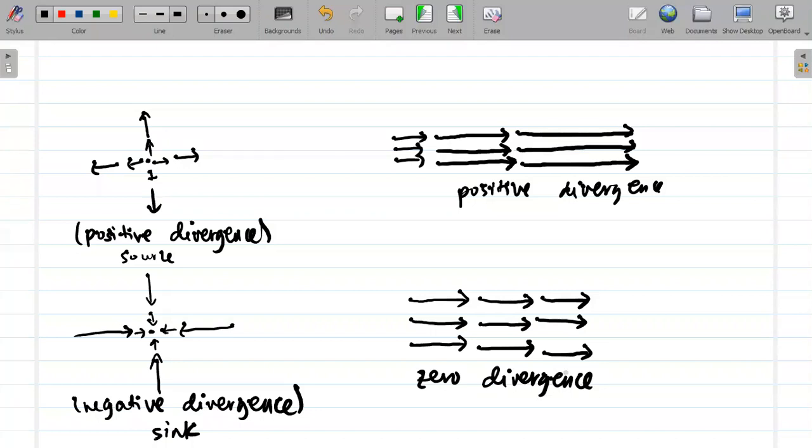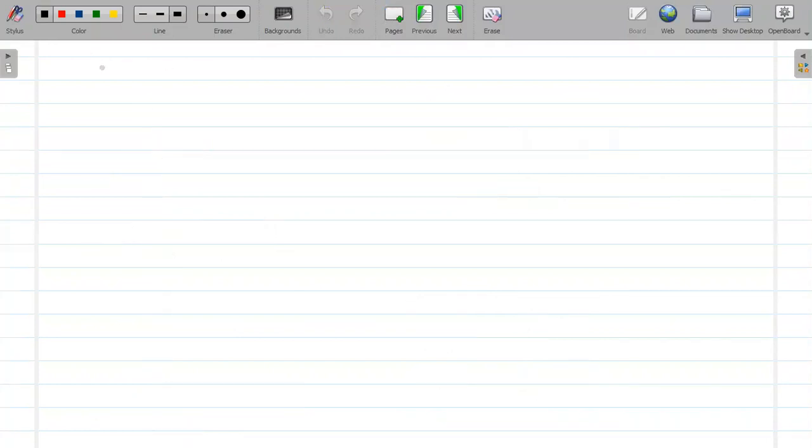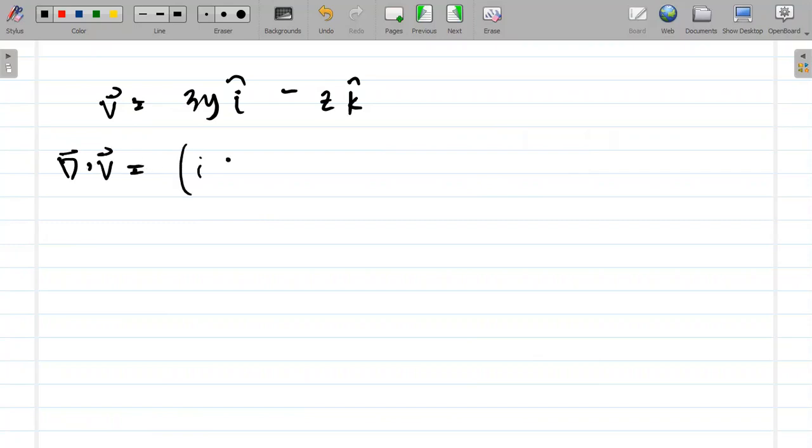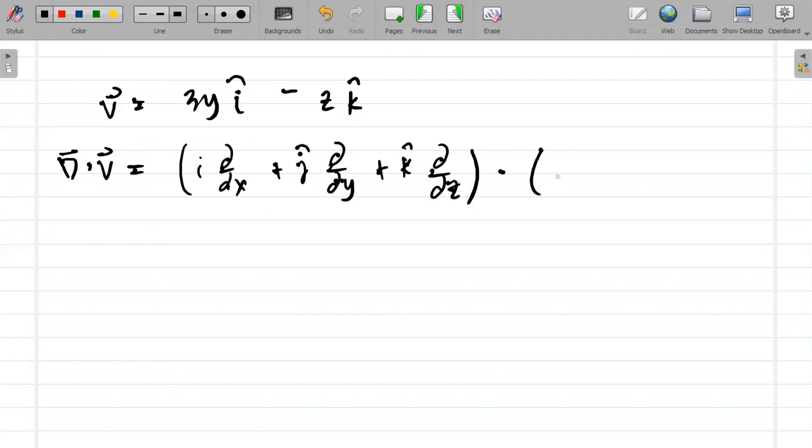Okay? So class, let's do an example. Suppose we have V equals 3y i hat minus zk hat. Class, what is del dot V? This is equal to i hat partial x plus j hat partial y plus k hat partial z dotted with 3y i hat minus zk hat.